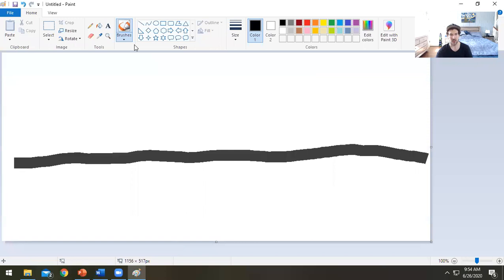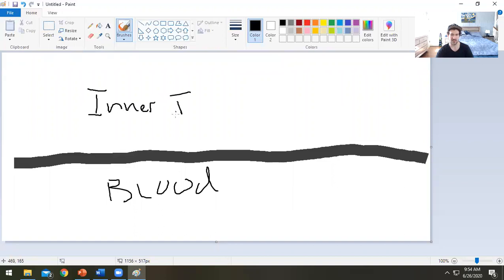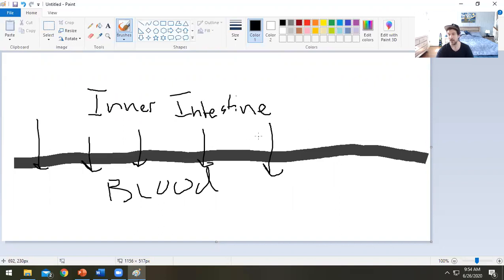On this side would be your bloodstream, and here is the inner intestine. If you need nutrients to pass from here into here, that's not too hard to do. There's some surface area. You would just need a series of holes in this and it would pass right through.